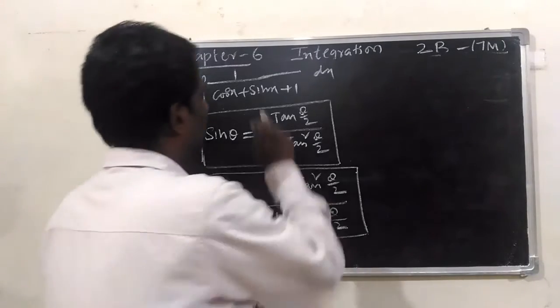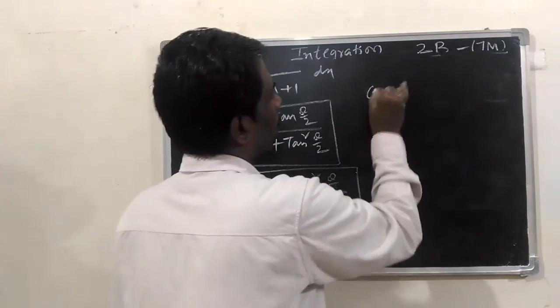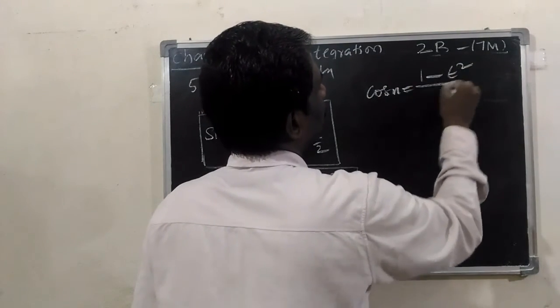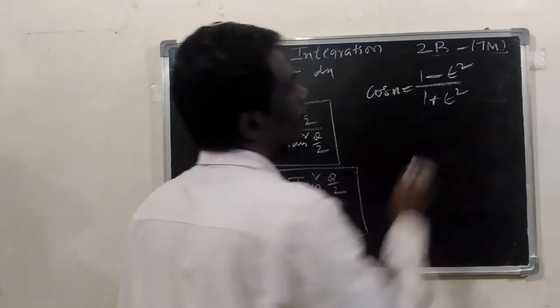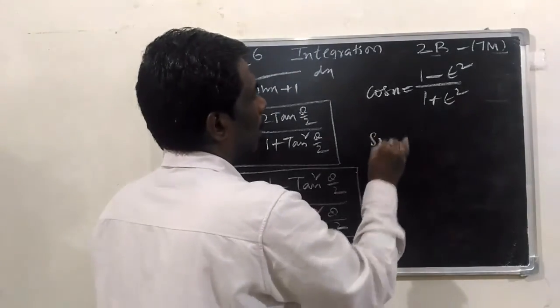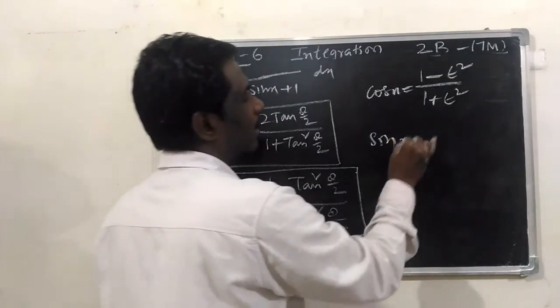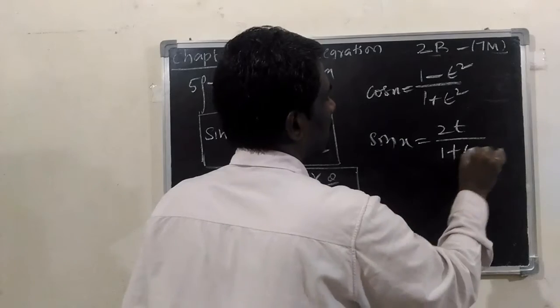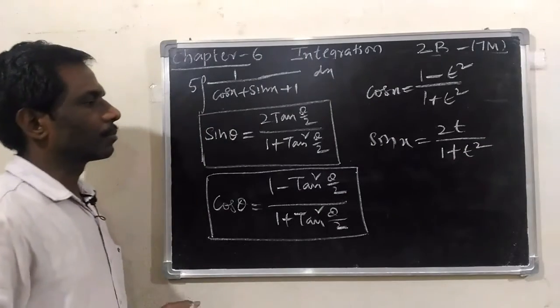This is the cos theta formula in terms of tan. So in this problem, in place of cos x, we can write 1 minus t square by 1 plus t square, and in place of sin x is 2t by 1 plus t square.